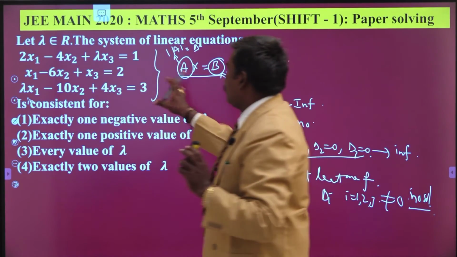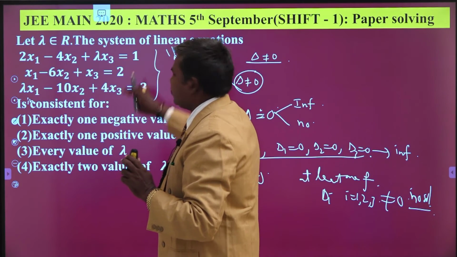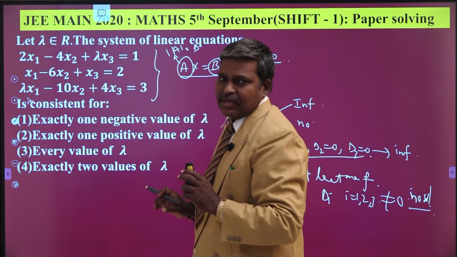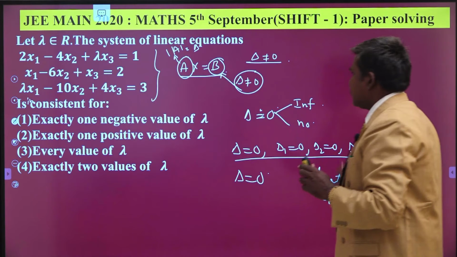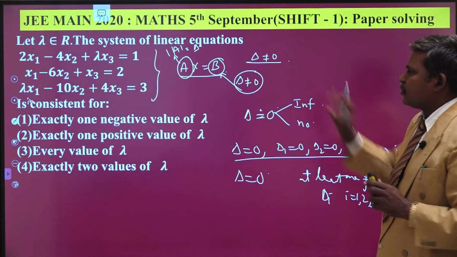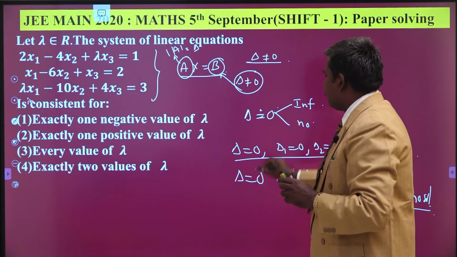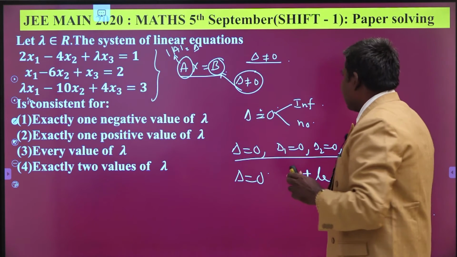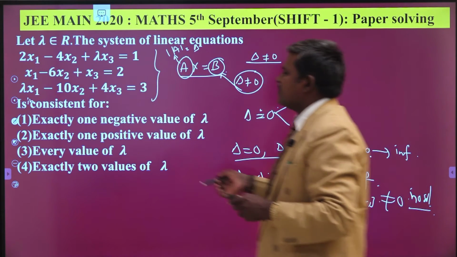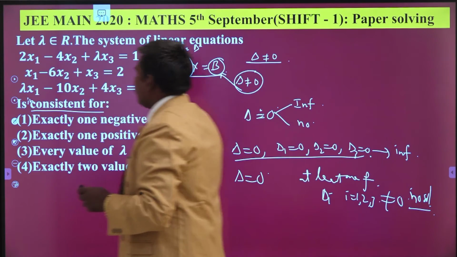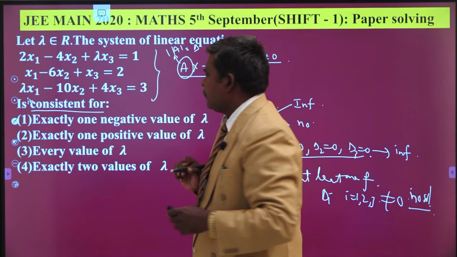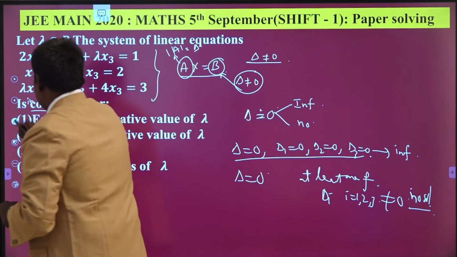Here, homogeneous means we have all zeros on the right side. This is the background needed to solve this one. So delta must be equal to 0 and at least one of them not equal to 0, then we have no solution, that is, inconsistent. Understand?